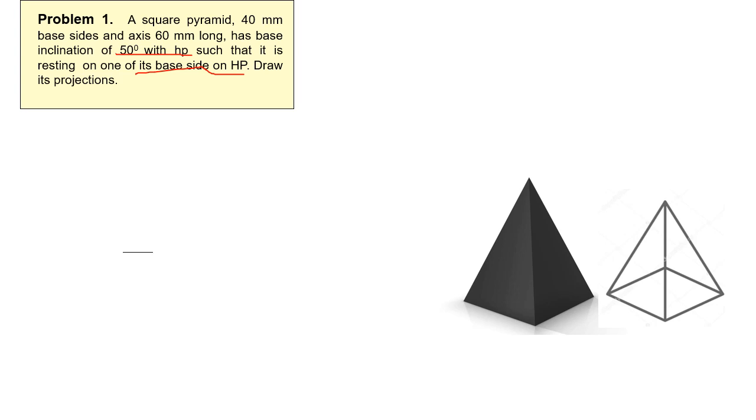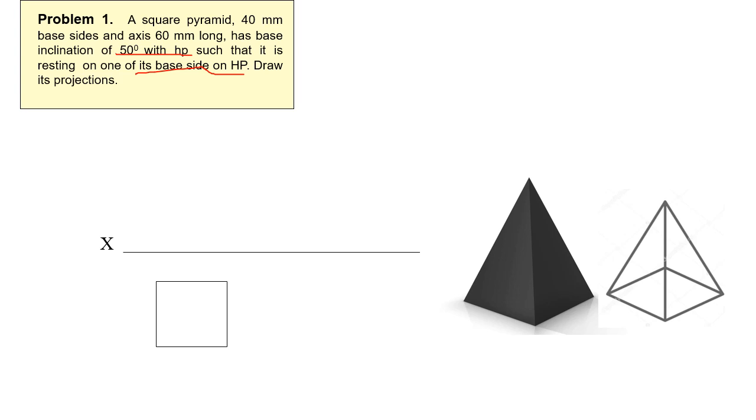So let's see that. First we will get the true shape of the base, that is a square. And we have assumed one of the base sides is perpendicular to VP, so we have considered this base side perpendicular to VP.